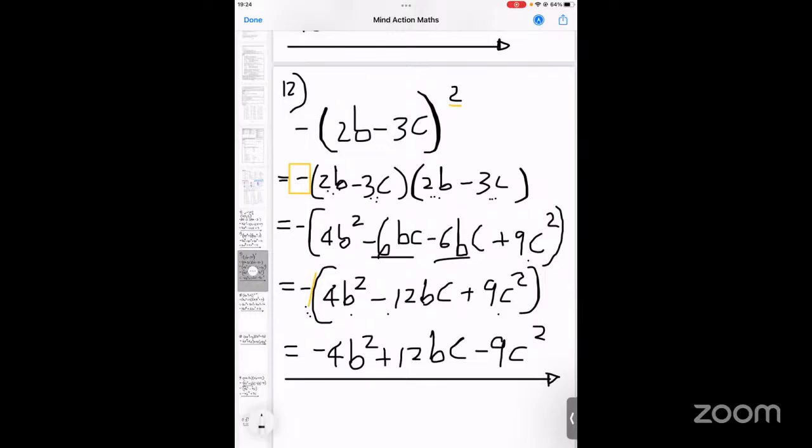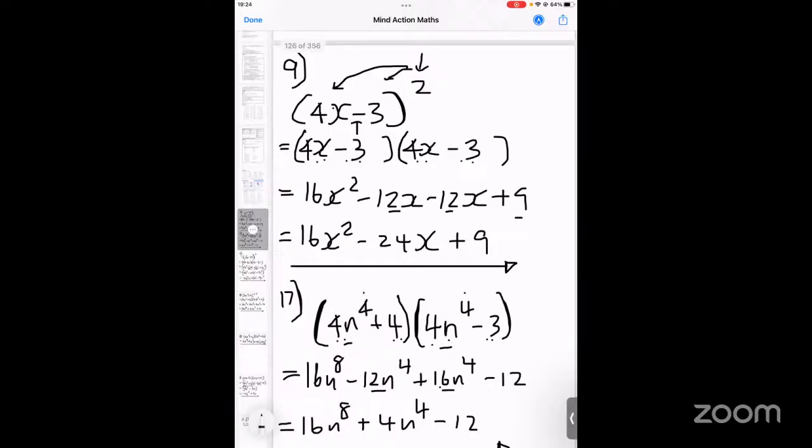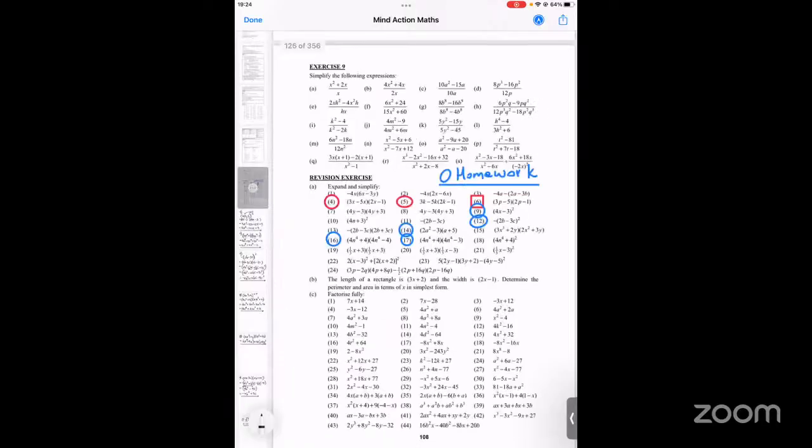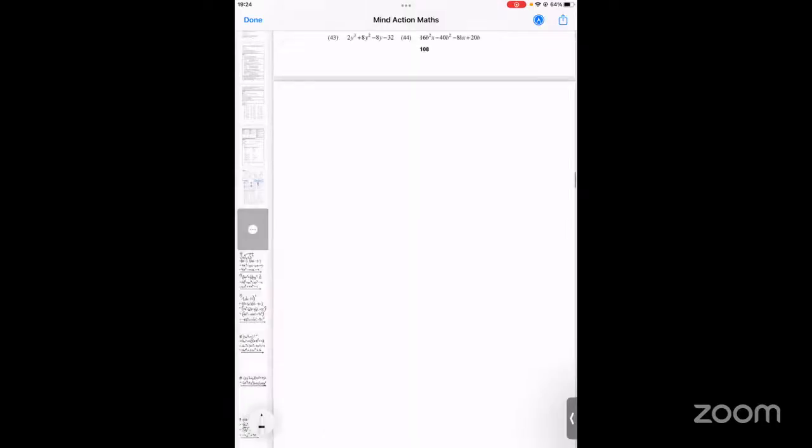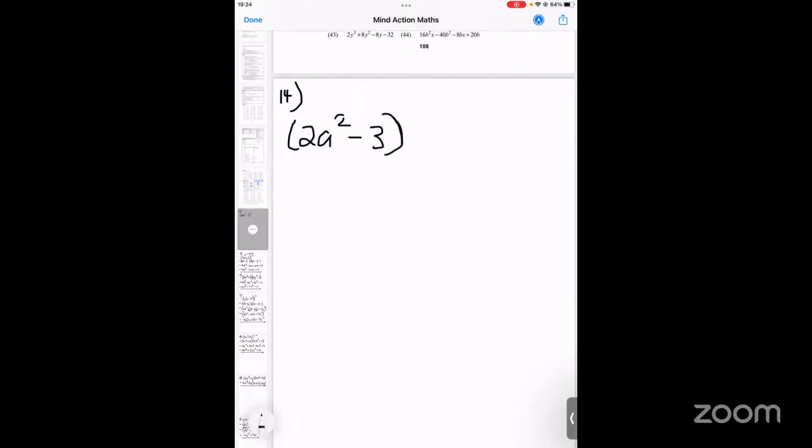This is number 14. Let me just write it out. Number 14, making sure that I'm copying it correctly: 2a squared minus 3, and then we've got a that you minus it by 5.